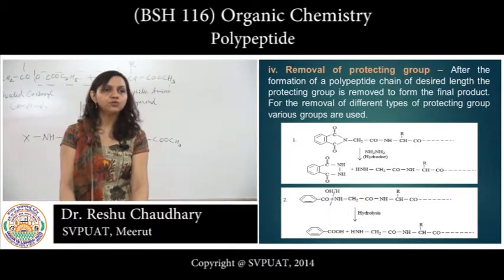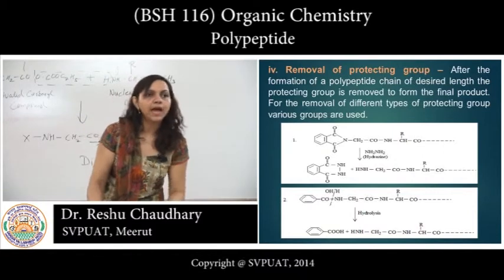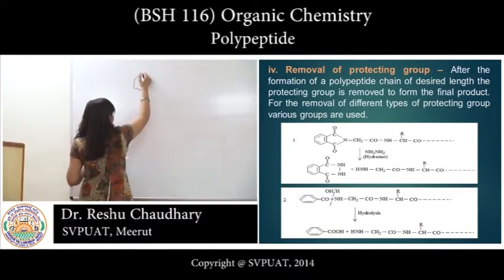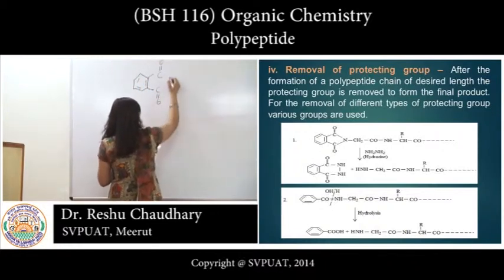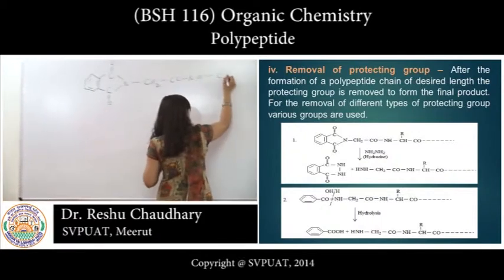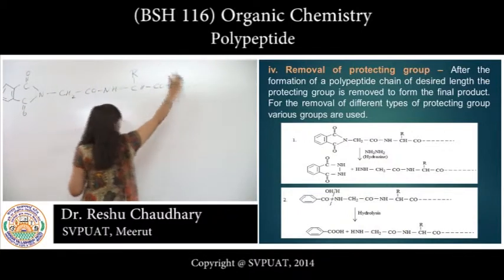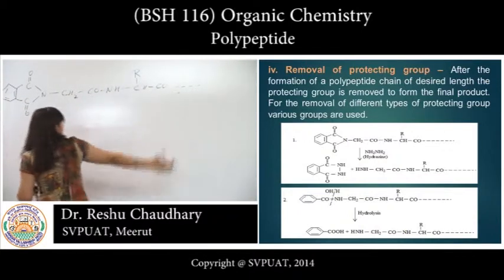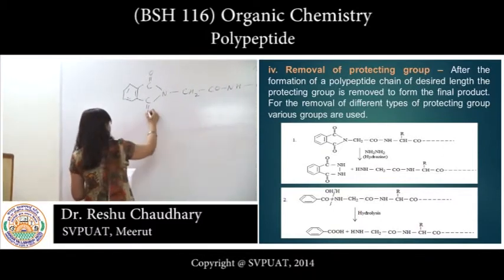I will show you two types of reaction by which the protecting group is removed. So on means the length will be whatever molecules are present in this polypeptide chain.